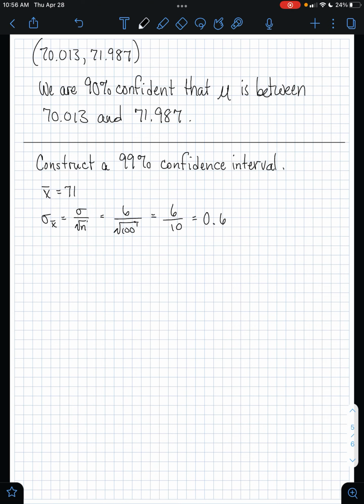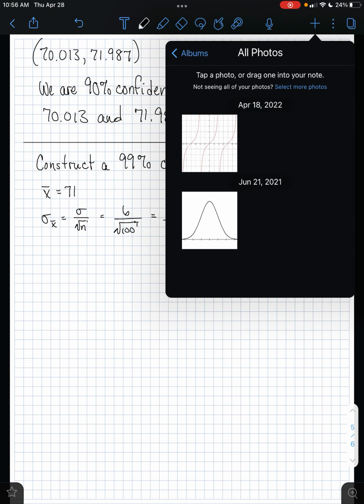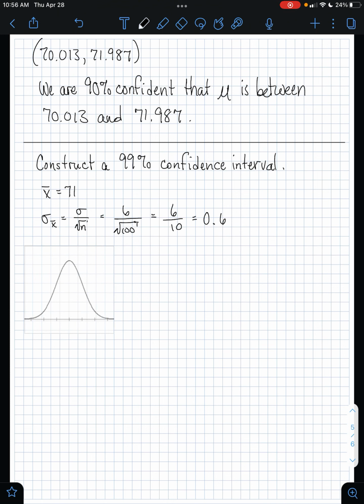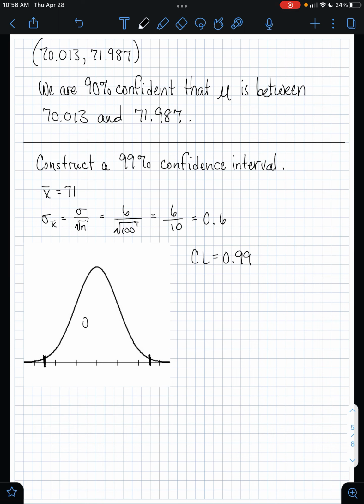What is affected, though, is our confidence level, and that, in turn, will affect our z-scores. Our confidence level is 0.99. That's a lot of confidence. That means that in order to be that much more confident, we're going to need a wider interval.